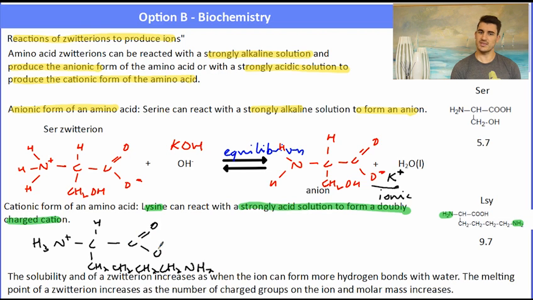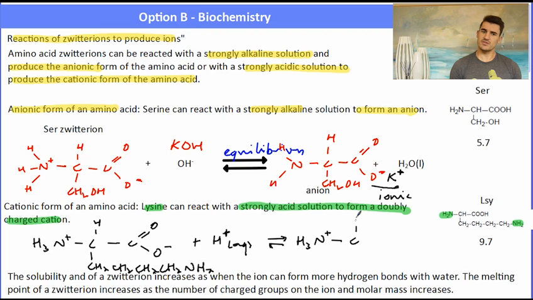If we react that with a strongly acidic solution, for instance HCl, what will happen here is both of the amine groups will become protonated. They'll both accept a proton, but also the carboxy group will form a COOH. It will get its hydrogen back, giving us a doubly charged cation.